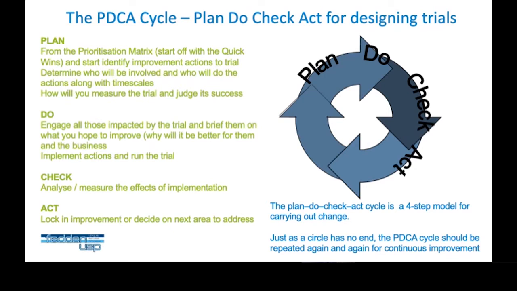The idea being that once you've come up with your ideas of how to improve the process, you run some trials to verify them. So you mock up for a week the new layout, for example, that you've come up with. You trial that new layout and make sure that it improves things. If it doesn't, you go back around the loop and look at how you can fine tune the layout itself.